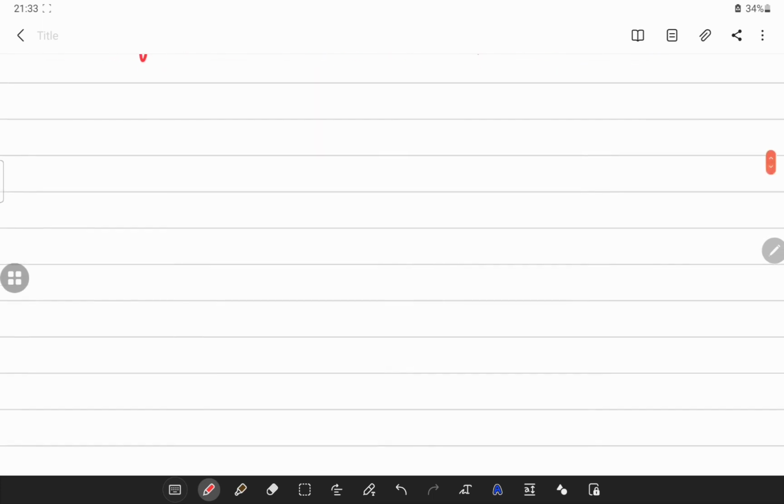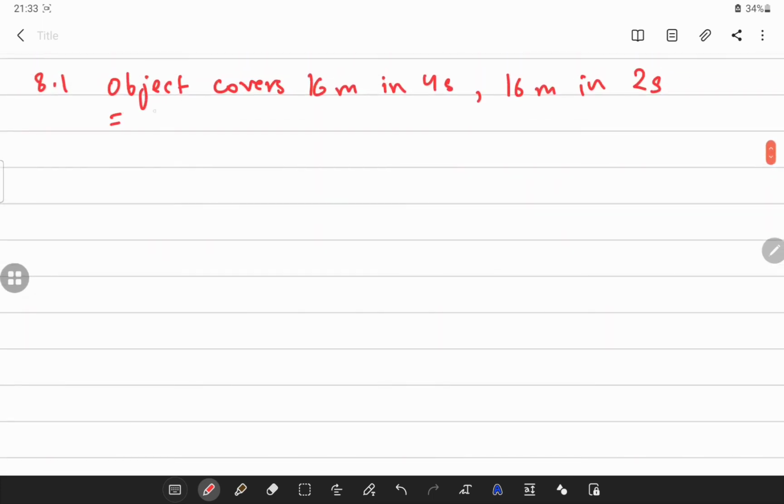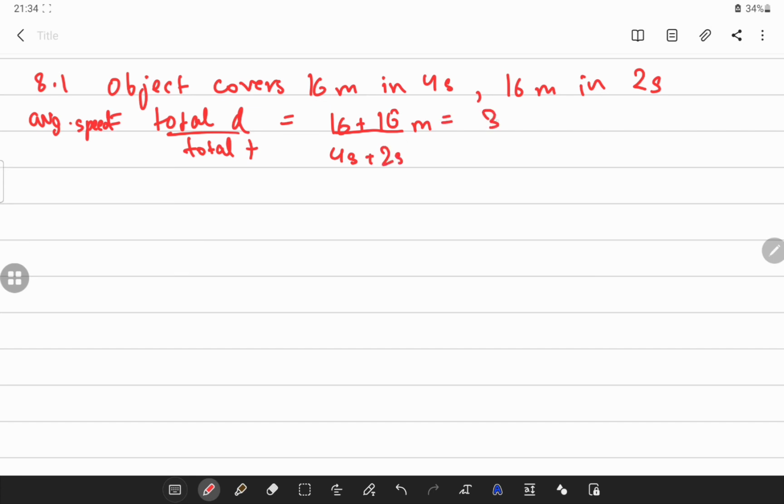Then average speed will be equal to total distance upon total time, which will be equal to 16 plus 16 meters by 4 seconds plus 2 seconds, which will be equal to 32 by 6 seconds, thus giving the answer as 32 by 6 meters per second.